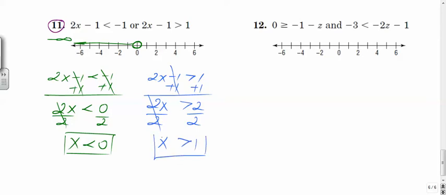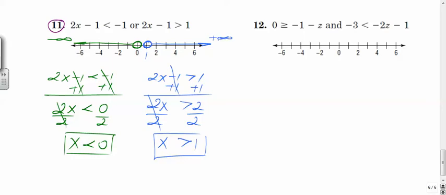This is your second inequality here. To graph it, you're looking for 1 on the number line. Empty circle, because it cannot be equal, only greater, and we'll go all the way in the positive infinity direction.